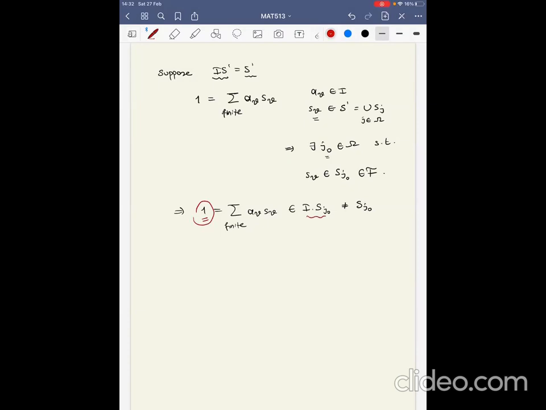So we may conclude that IS prime is a proper ideal of S prime, and this shows that S prime is also in curly F. And by applying Zorn's lemma, when we have an inductively ordered set, we can claim that there exists a maximal element O in curly F, maximal in the sense that this is a maximal subring that contains R, and the ideal IO is a proper ideal of O.